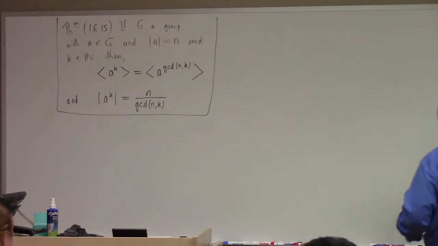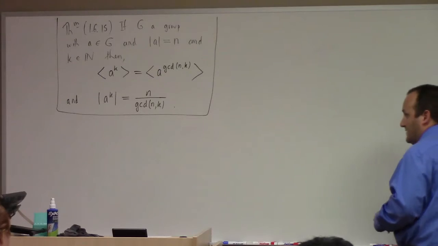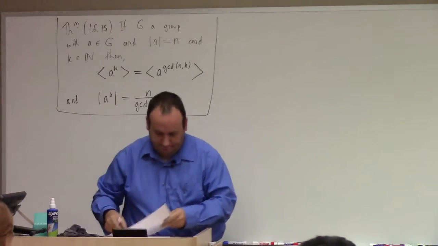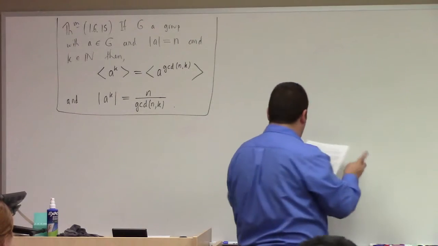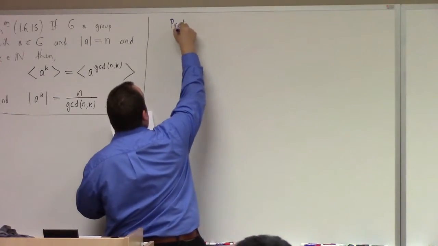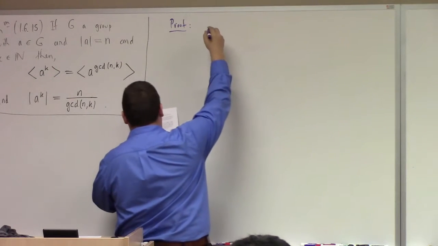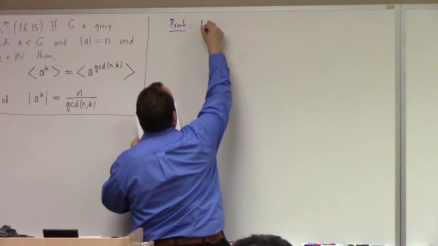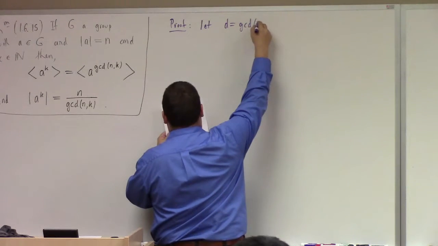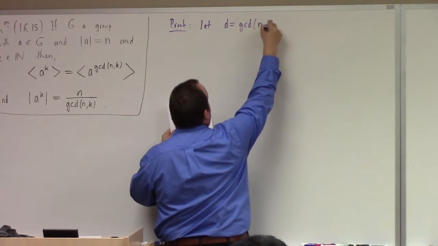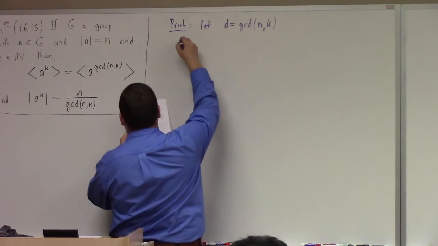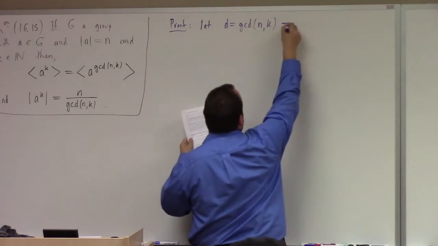So let's look at the proof of this. I'm going to let d equal the greatest common divisor of n and k. And I'm going to observe, what does that mean?